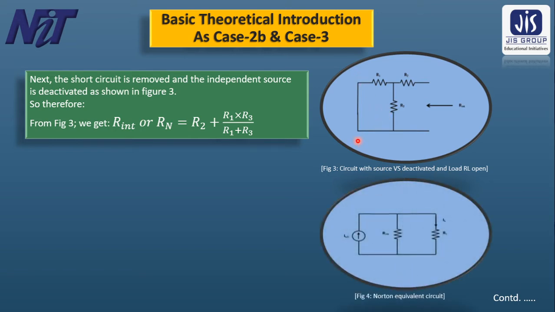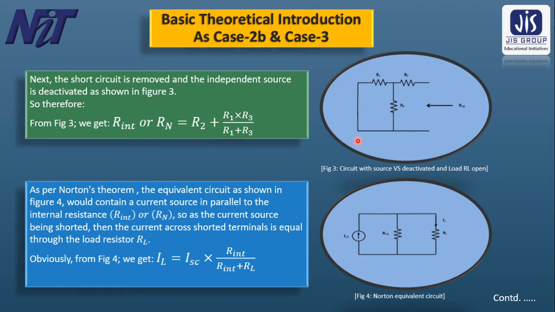Next, figure 4, where we will find the Norton equivalent circuit. Here this is a current source, this is the Norton resistance, and this is RL as well.